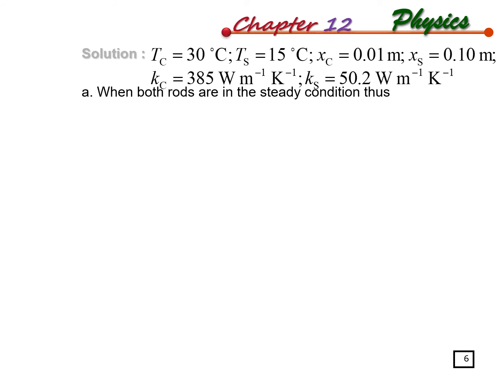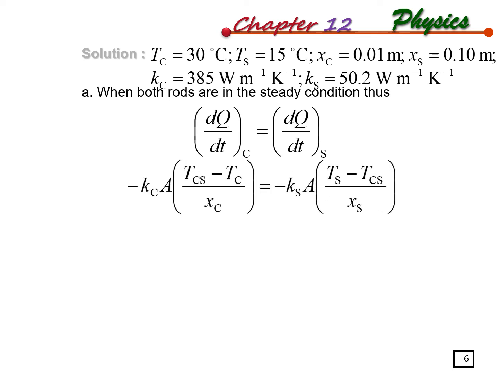When both rods are in steady condition, the rate of heat flow will be equal. dQ over dt for copper and dQ over dt for steel will be equal. As we expand the equation, we will end up with this.